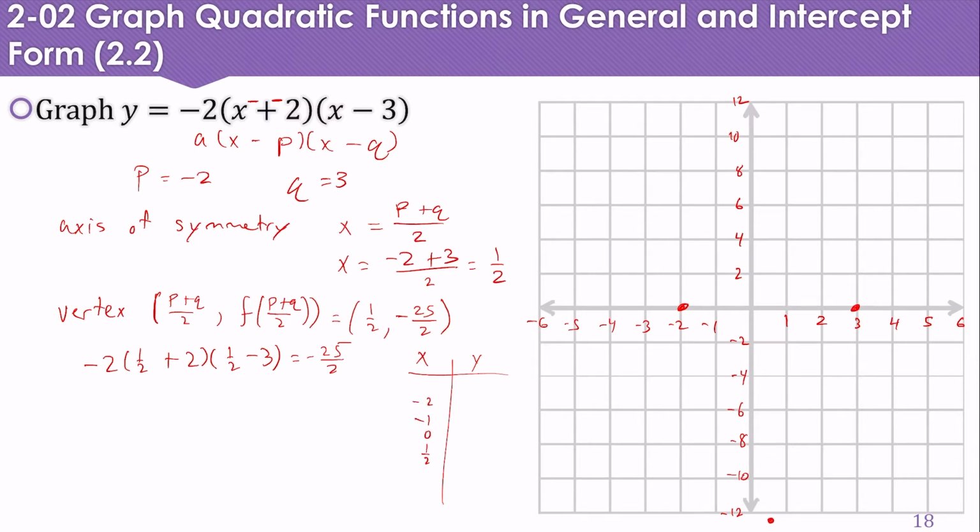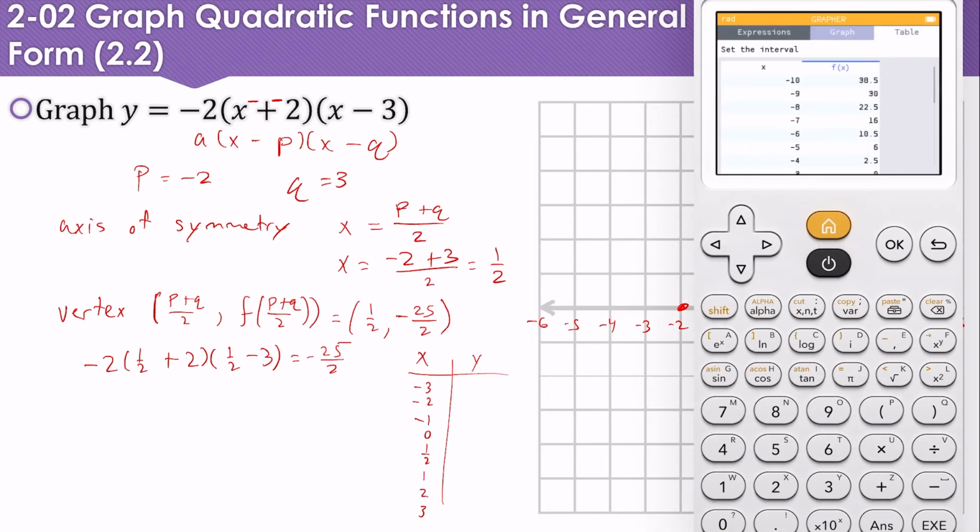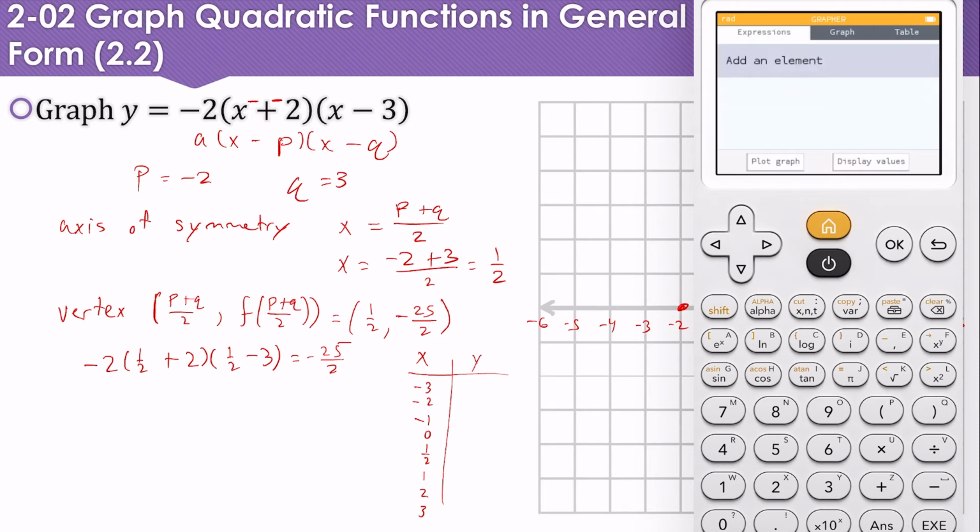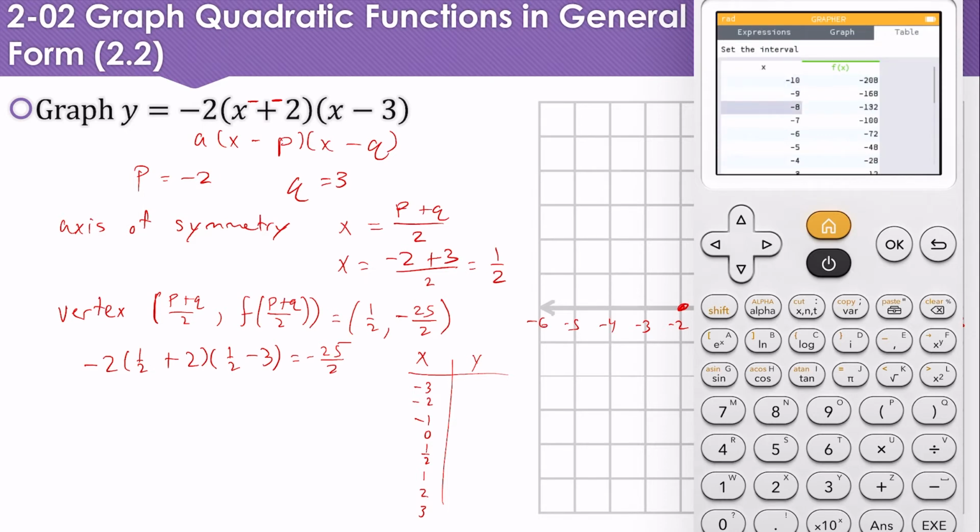So then we need to make a table. Let's see if that's good enough. All right, going to go over here, let's put in my new expression, negative 2x plus 2, x minus 3. Uh-oh, syntax error. I missed the last parenthesis. There we go. Let's look at the table. All right, negative 3 is negative 12.